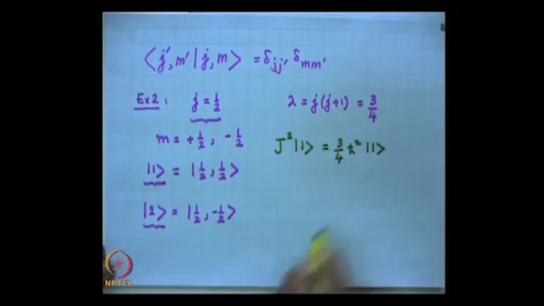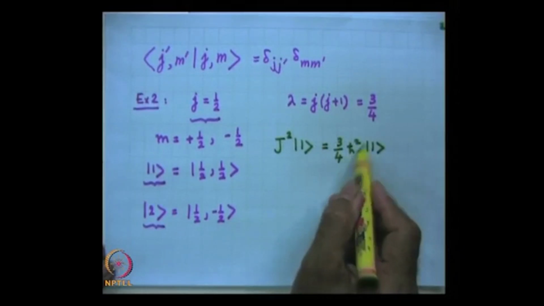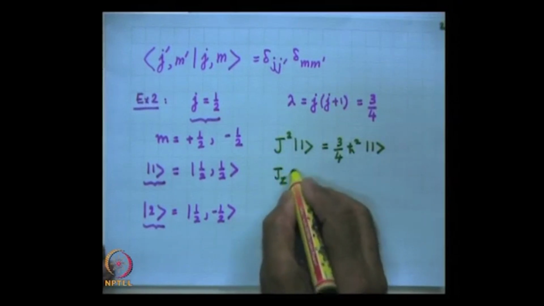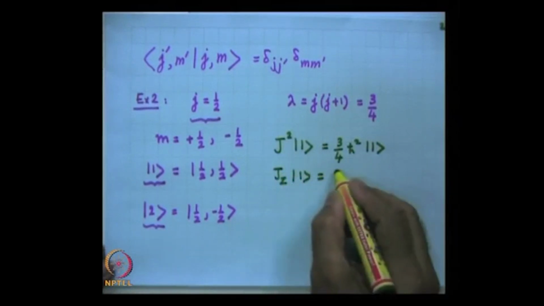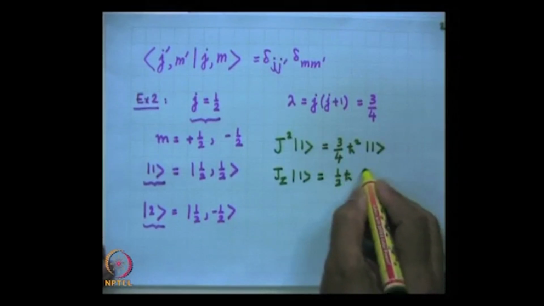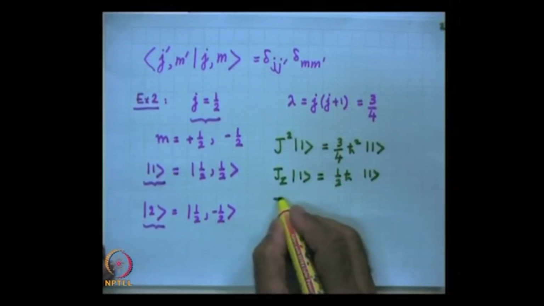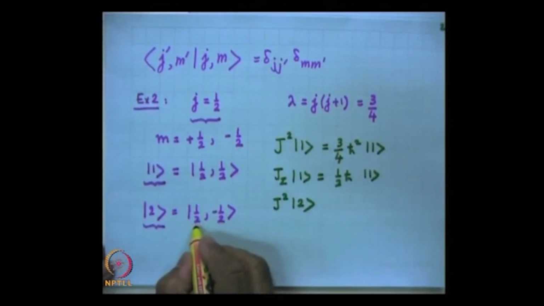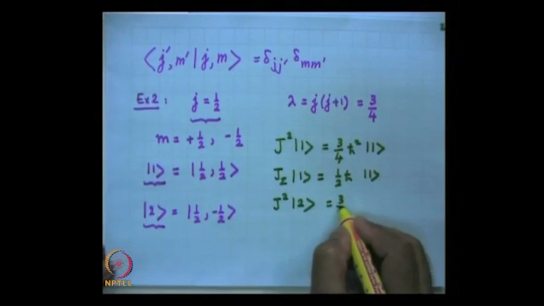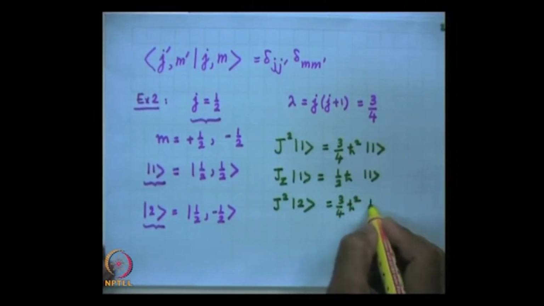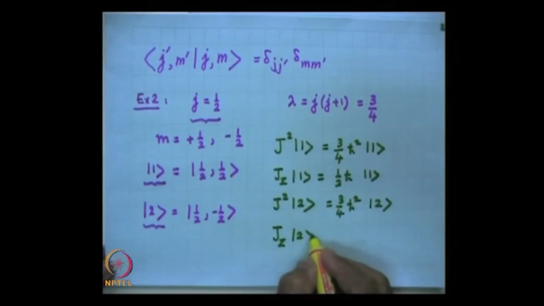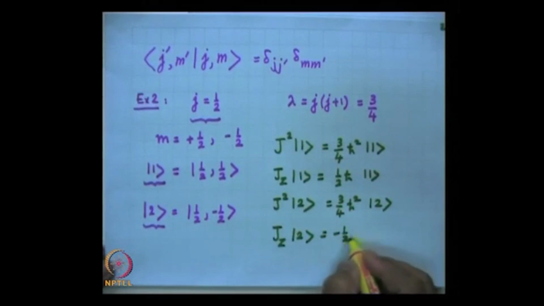If I assume a system of units in which h cross is equal to 1, then this is unity. And similarly, J z ket 1 is equal to half h cross ket 1, and J squared ket 2, the eigenvalue of the j value remains the same, so that is equal to 3 by 4 h cross square ket 2, and J z ket 2 is of course minus half h cross ket 2.